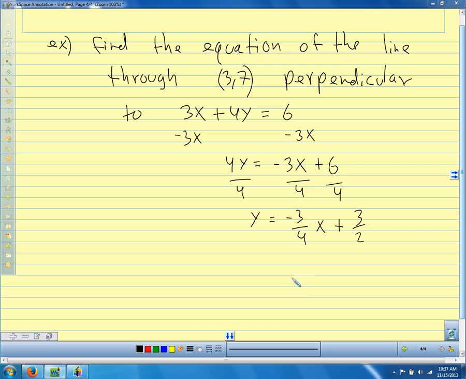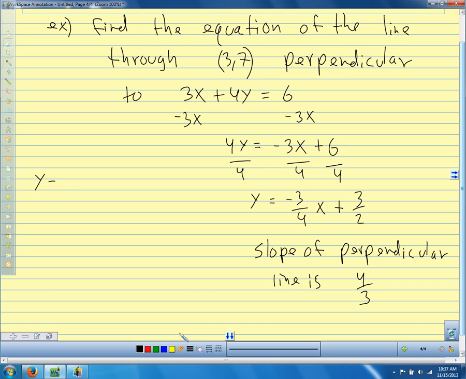So what's the slope of the perpendicular line? What is it? Flip this fraction and change the sign. So there's my slope. Here's my point. So I can write my equation.